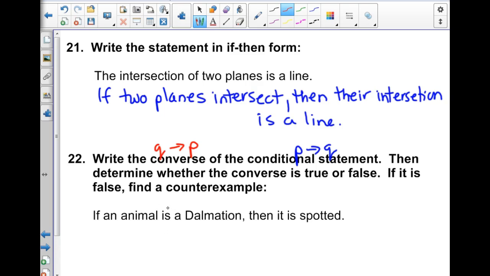So this is P, this is Q. If an animal is a Dalmatian, then it is spotted. We want to do if Q: if it is spotted, then an animal is a Dalmatian.